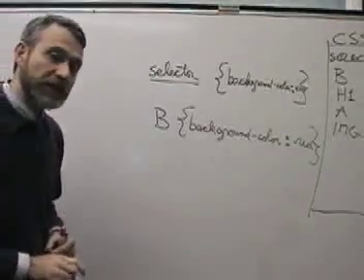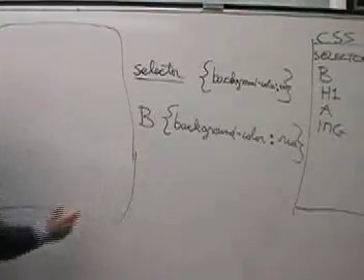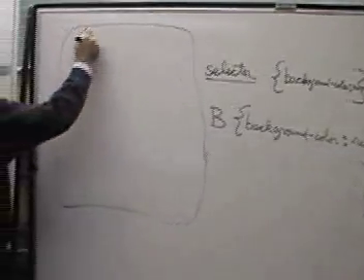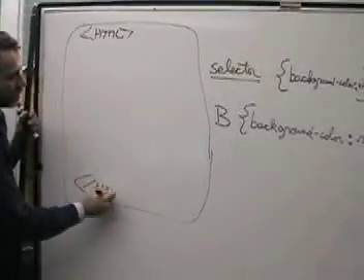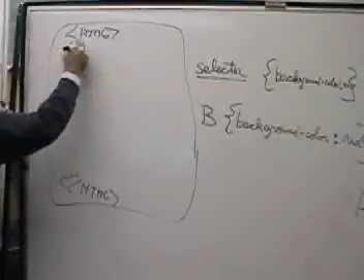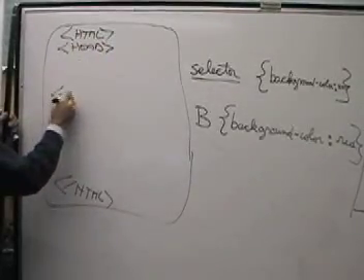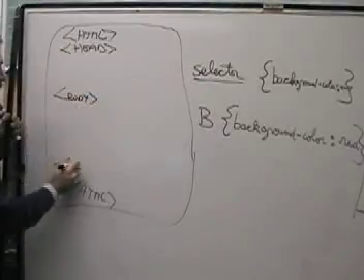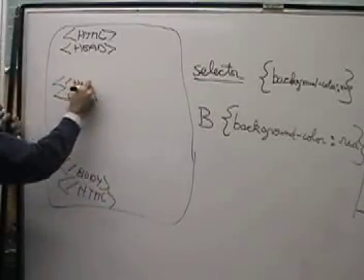Where do you put that in the HTML page? Well, you know, a typical HTML web page will have HTML on top, /HTML on bottom, a head, and a body, /body, and I forgot /head.